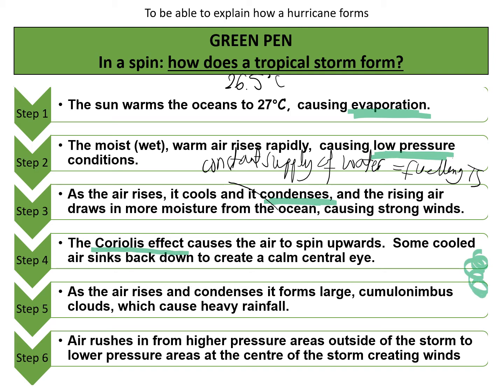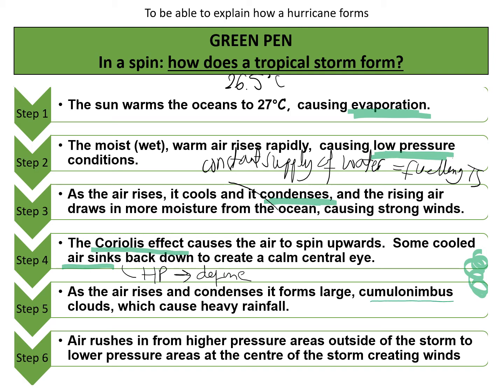And then some of the cooled air sinks back down to create a calm central eye. So the air sinking is associated with high pressure. So remember to define what that means. Step 5, as the air rises and condenses, it forms large cumulonimbus clouds.